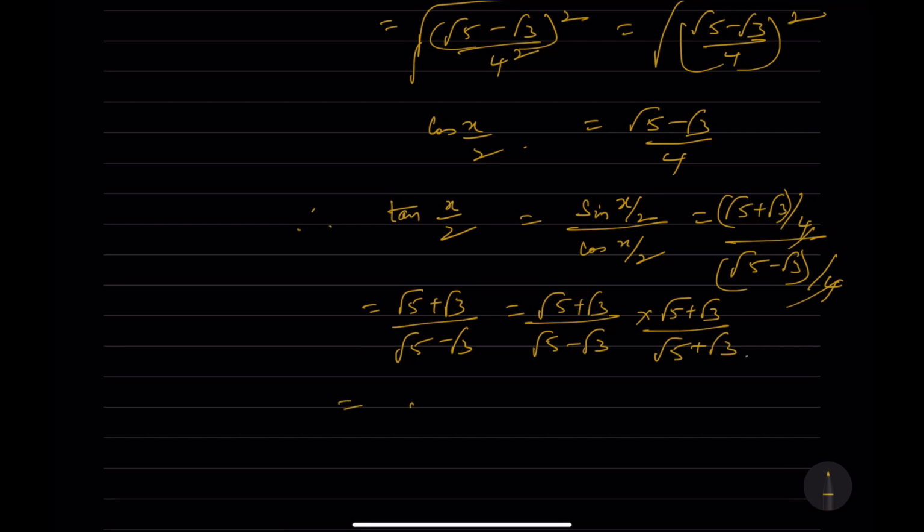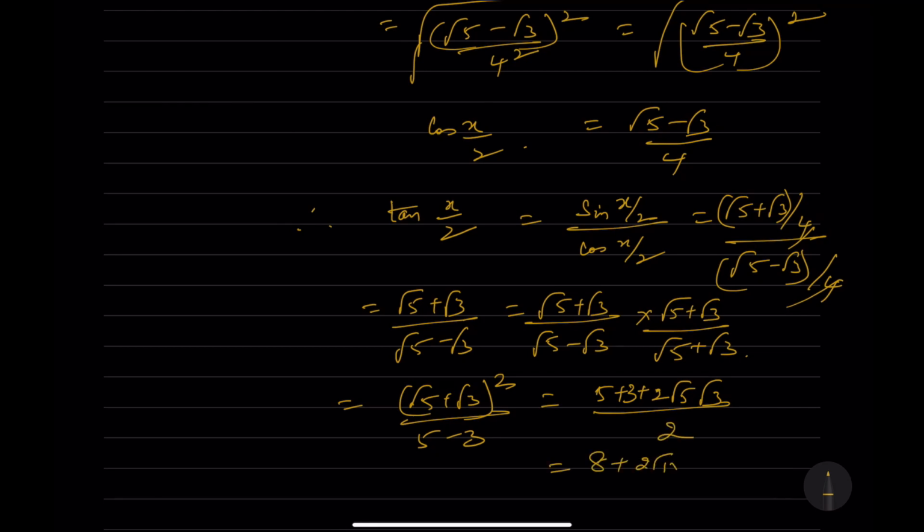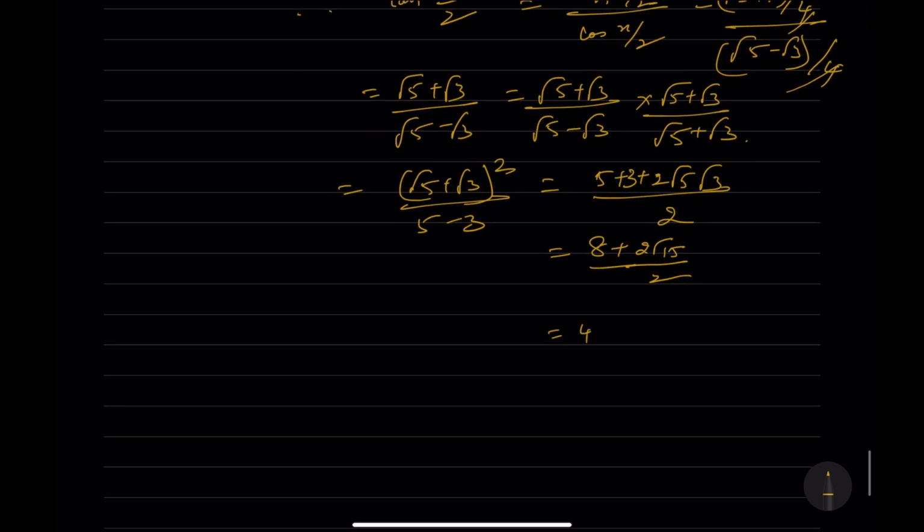So which is equal to root 5 plus root 3 whole square divided by 5 minus 3, which is equal to 5 plus 3 plus 2 root 5 into root 3 divided by 2. So which is equal to 8 plus 2 root 15 divided by 2, which is equal to 4 plus root 15. So this is nothing but tan x by 2.